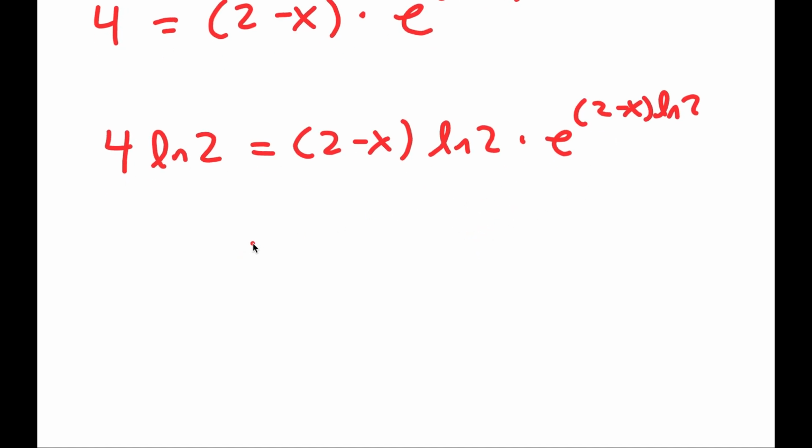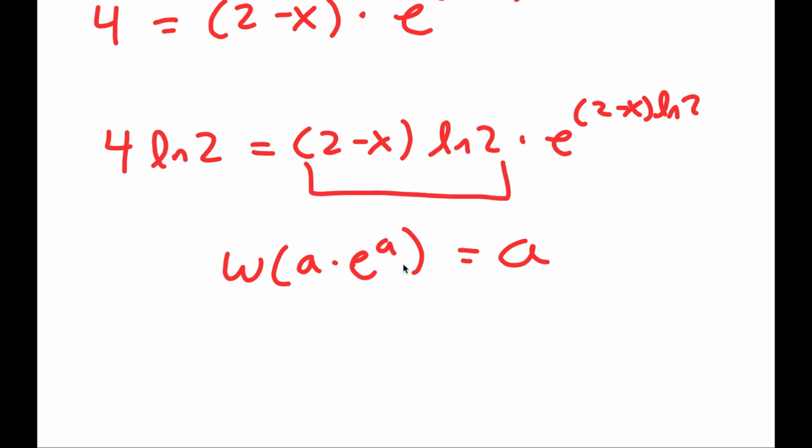So again, if I take the W of something in the form a times e to the power of a, this is equal to a. As you can see, our right-hand side here is in the form a times e to the power of a, because a is 2 minus x times ln 2.